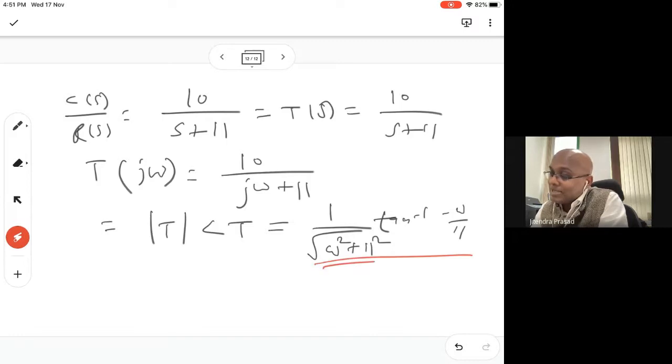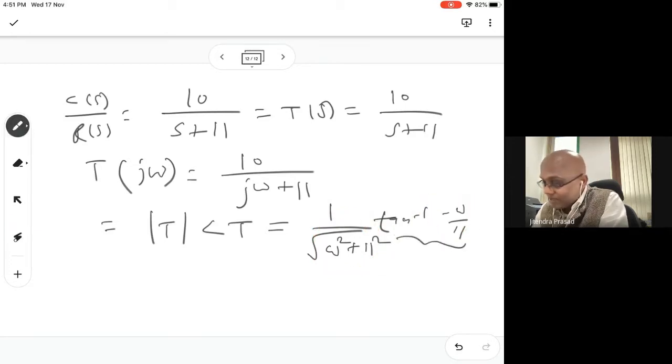So that really means that if you give a sinusoidal input, this will be the magnitude, and this is the phase lag, or the phase difference.